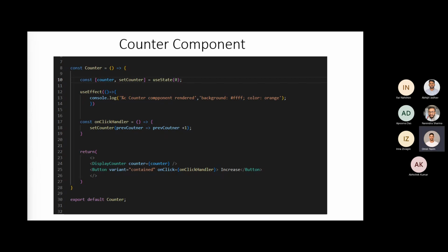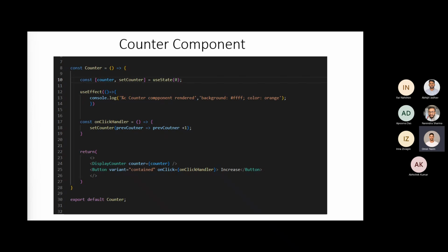This counter component has a counter state, initialized to 0. I have a useEffect that logs with a color of orange. If you can see, the percent-C describes that it will be styled, and in the end it will be orange. So we understand that if we see the console log, it will be in orange.